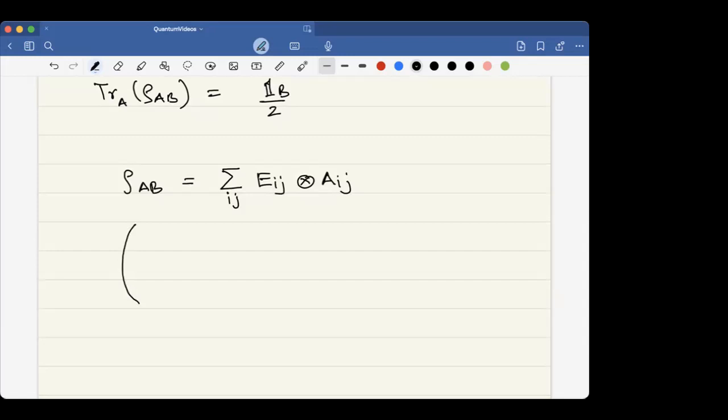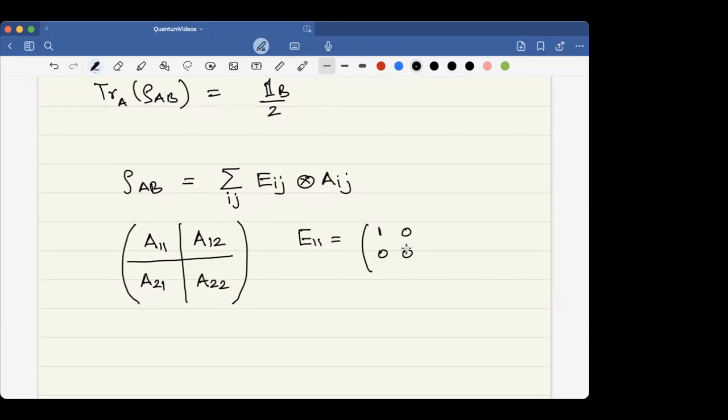I can divide it into blocks, 4 matrices of 2 cross 2, and let me call them A11, A12, A21, and A22. And this E_ij, so E11, is just the matrix with a one in the top left entry and zeros everywhere else.